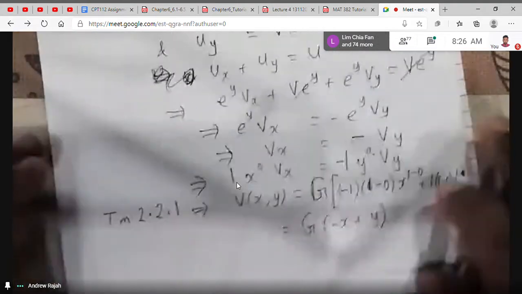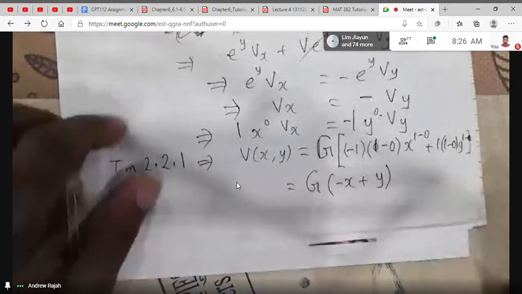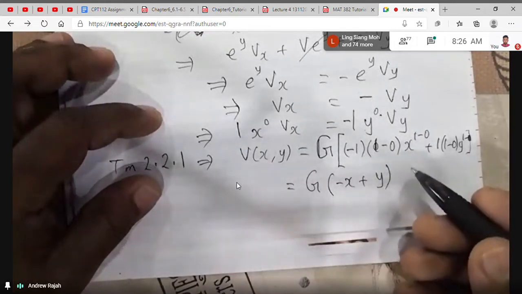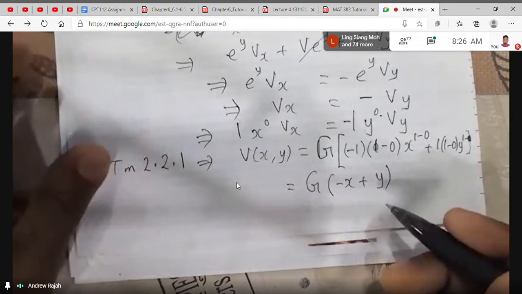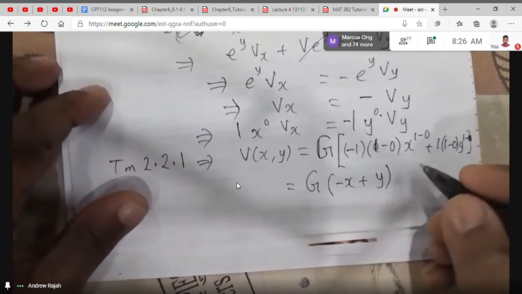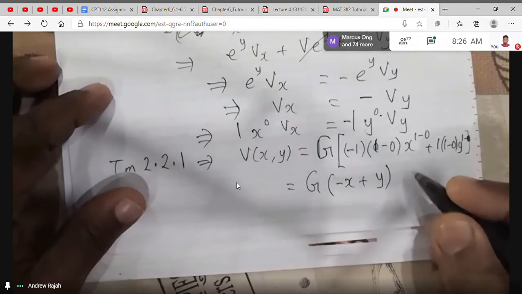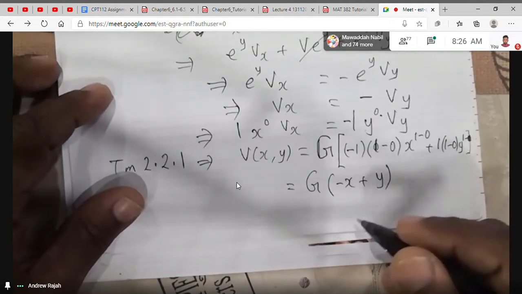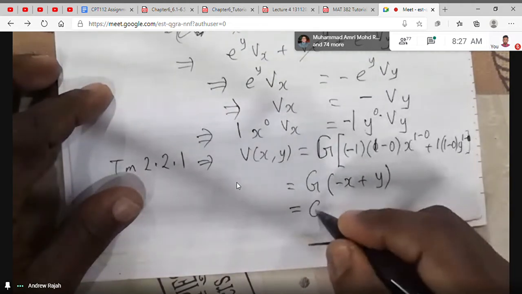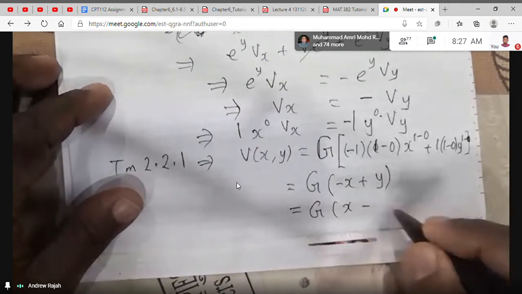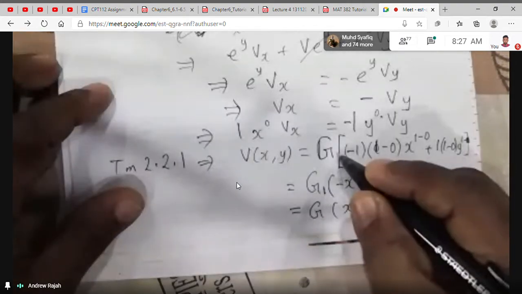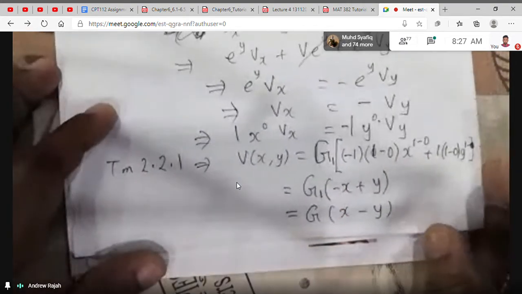Then times by negative 1, right? So you can change it to x minus y also. Then it might help. g of x minus y times by negative 1. All these other previous g have to change to g1.